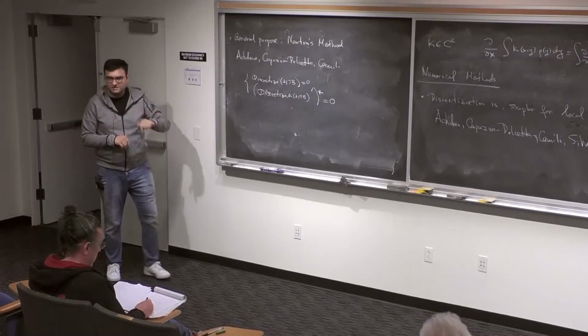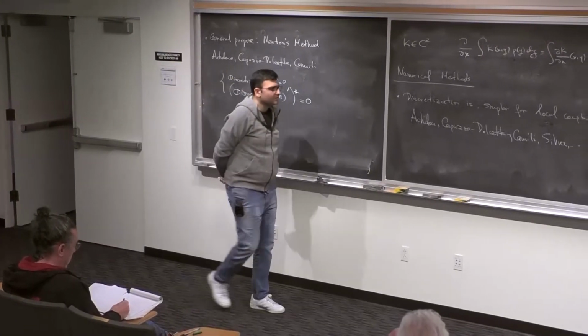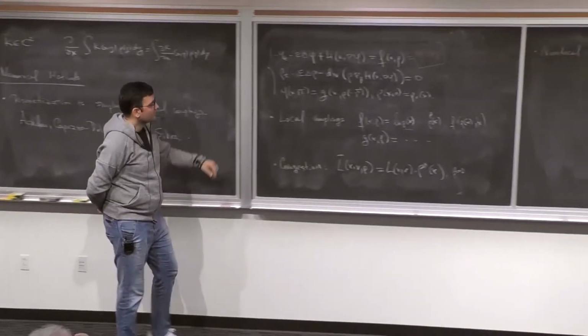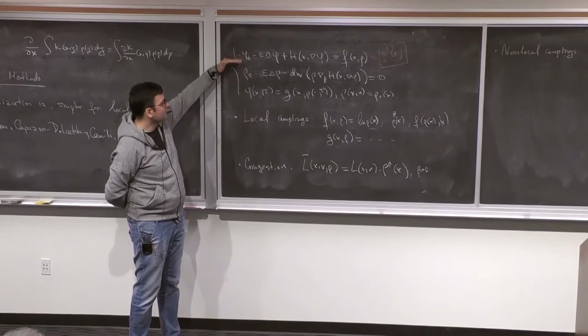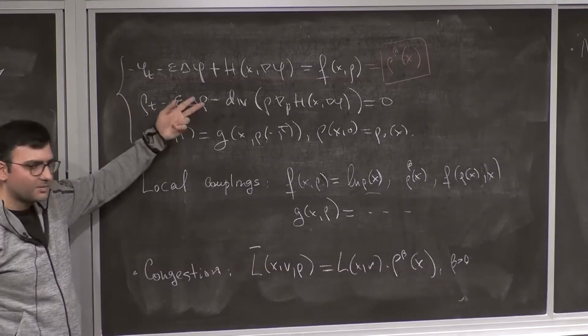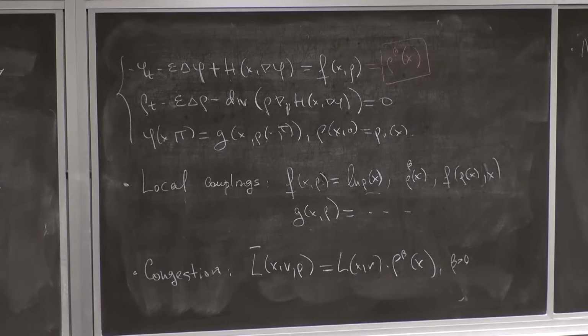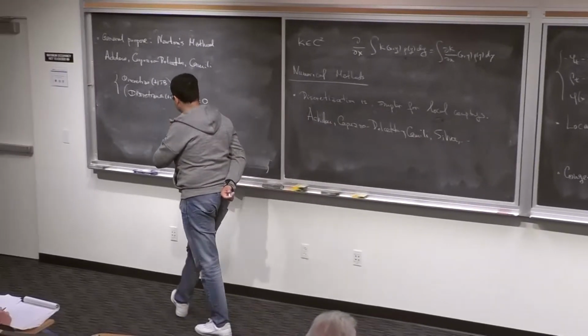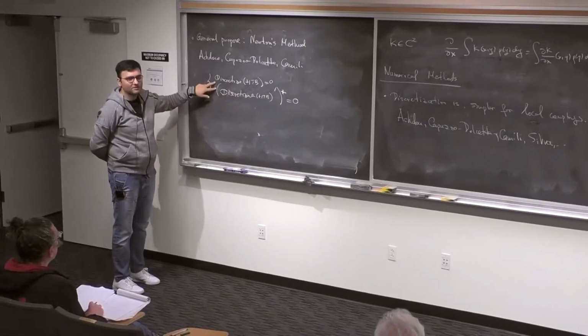Why is this important? When you study theoretical properties of the continuous problem, for a priori estimates you use this dual structure, and that's why you want the a priori estimates to hold also on the discrete level.